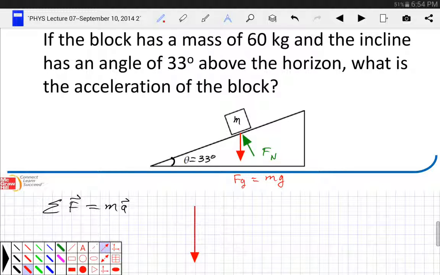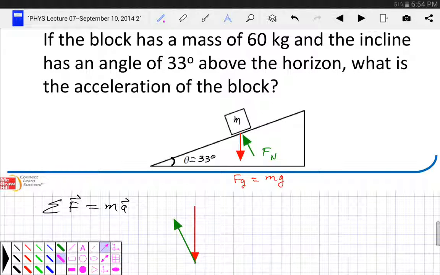Now, does it matter which one I put first? No, it does not. Then I have my force normal, which is going to be going up like this. And finally, I'm going to have my acceleration.